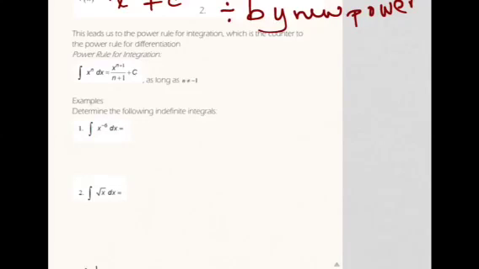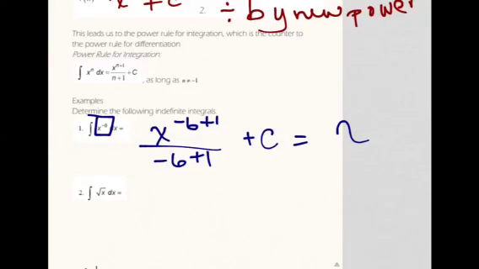So the only thing you are really looking at here is the thing in the middle. You're looking for the antiderivative of x to the negative 6. You can handle that. You just add 1 to the power and then divide by that new power. Don't forget to add c. So this is x to the negative 5 over negative 5 plus c.